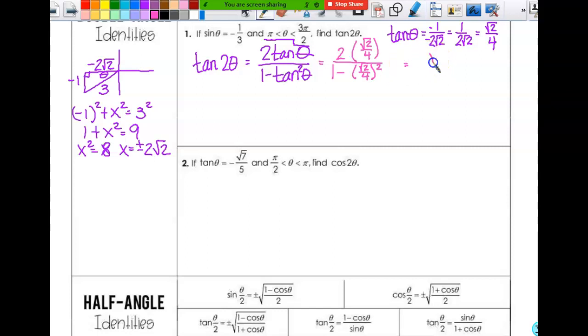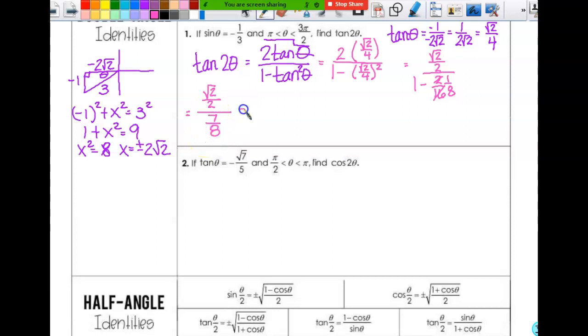So that gives me square root of 2 over 2 in the numerator. In the denominator, I get 1 minus 2/16. So before I do anything else, I'm just going to make that 2/16 into 1/8. So then I have square root of 2 over 2 over 1 minus 1/8 is 7/8.